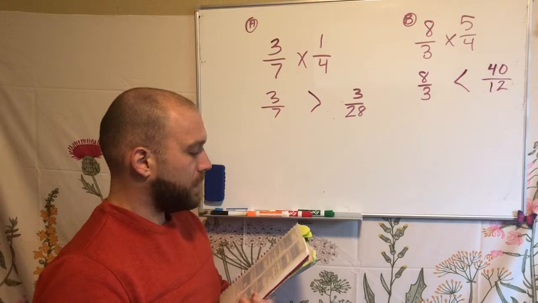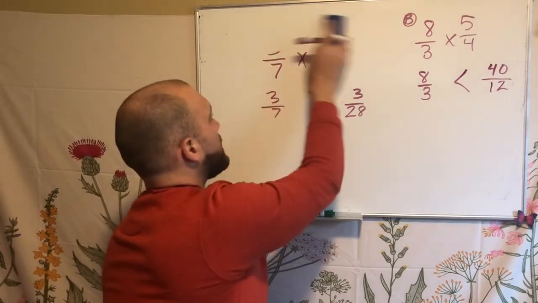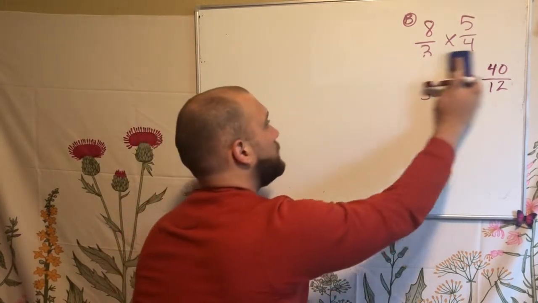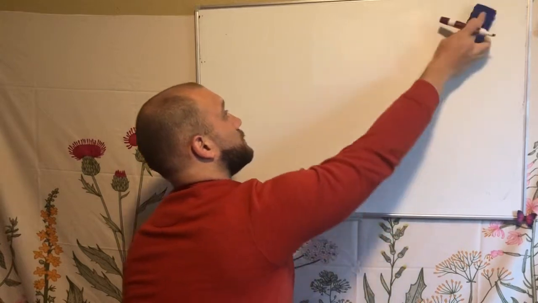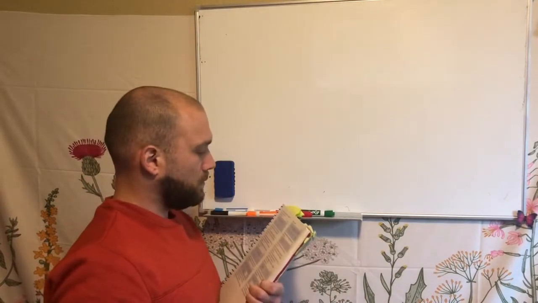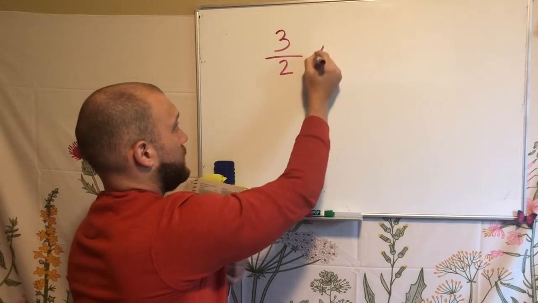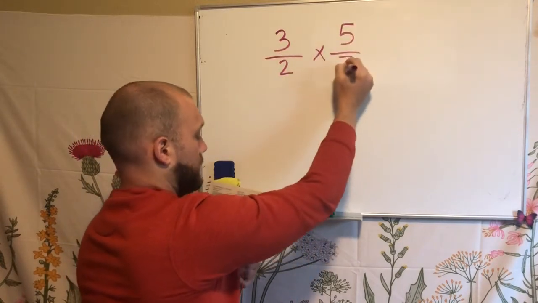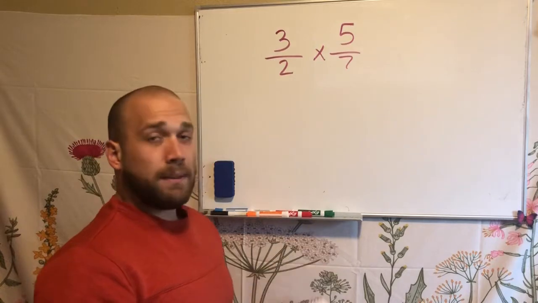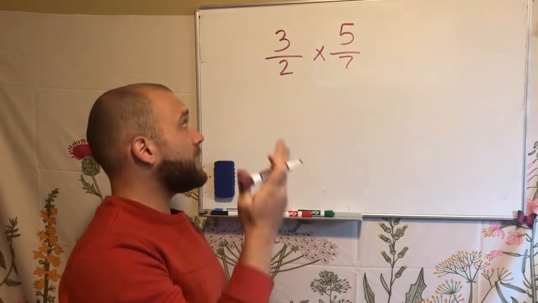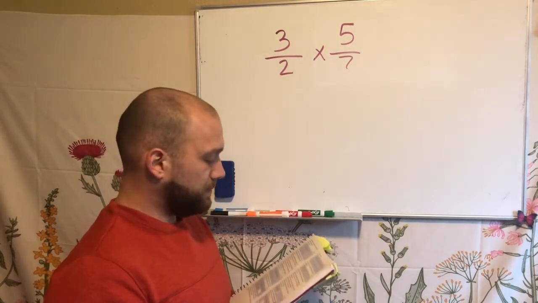All right, here's another problem. Let's do another. 3 halves times 5/7. Read the problem. 3 halves times 5/7.